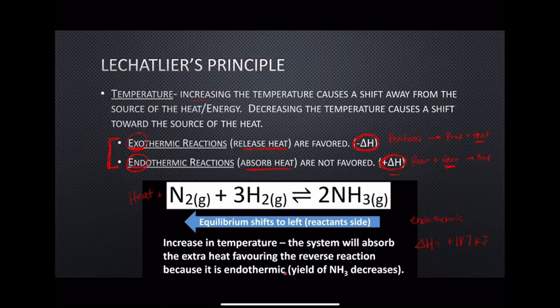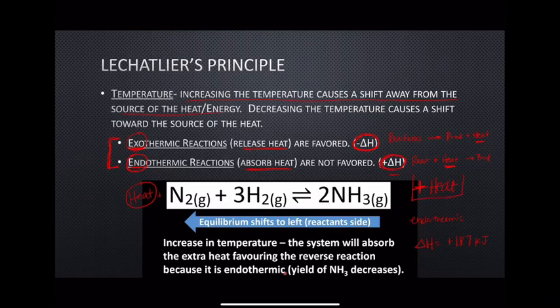It says, increasing the temperature causes a shift away from the source of the heat. Decreasing the temperature causes a shift towards the source of the heat. Okay? All right, so in this reaction, the heat is on this side. Okay? So if we add heat, what that means is that we're going to add the heat on the other side.